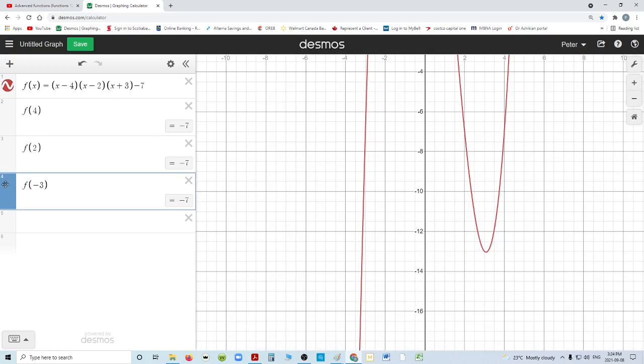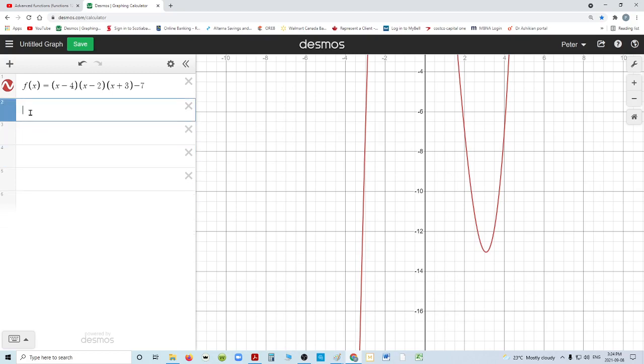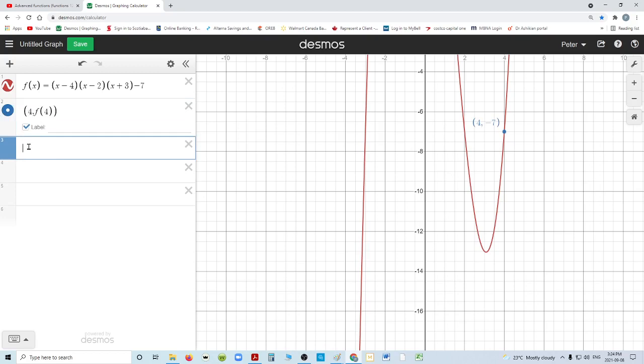So I'm going to do minus 3 comma that in brackets. So I'm going to do 4 comma f of 4. I'm going to label it. I'm going to do 2 comma f of 2, and I'm going to label it.